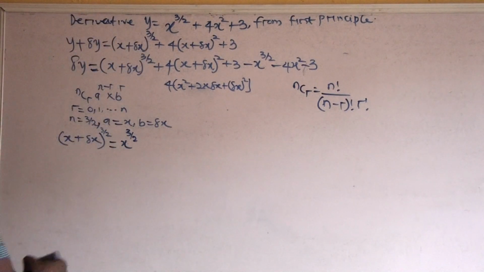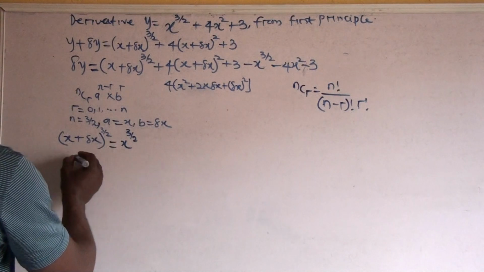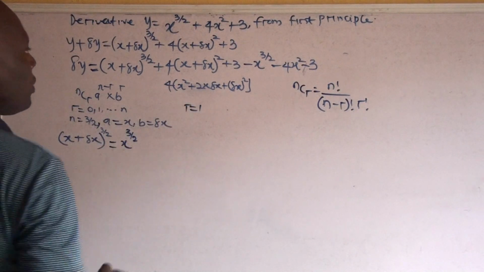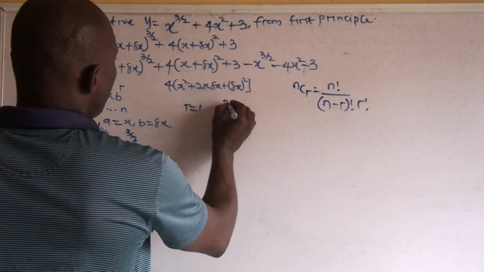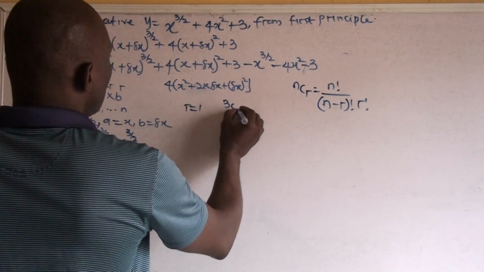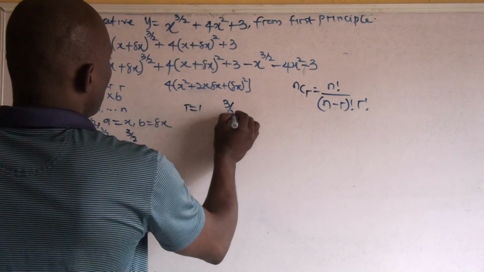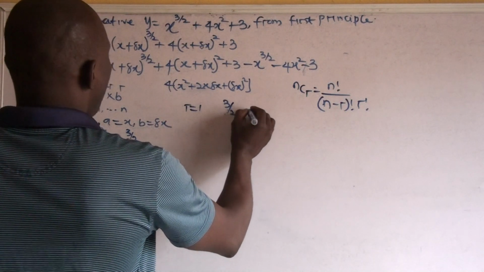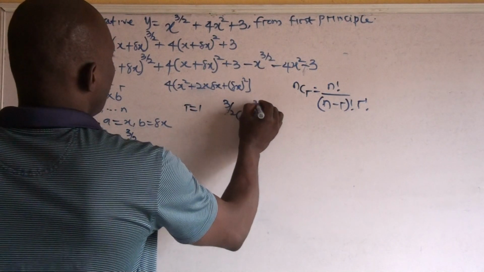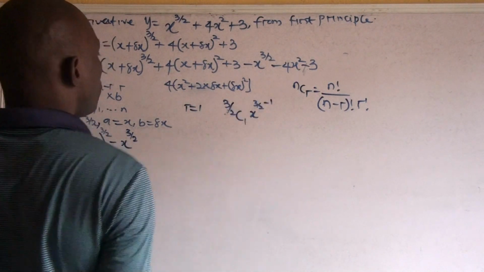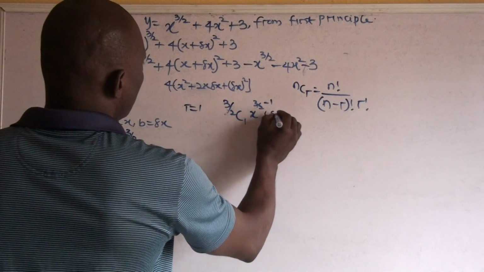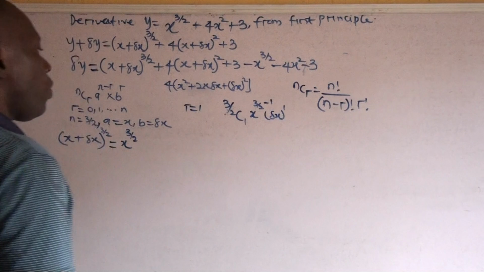Okay, now let's look at when r is equal to 1. r is equal to 1, so we're going to have 3 over 2 combination 1. Here our x raised to power 3 over 2 minus 1. Okay, then we're going to have a delta x raised to power 1.